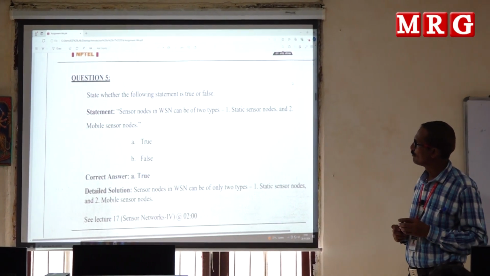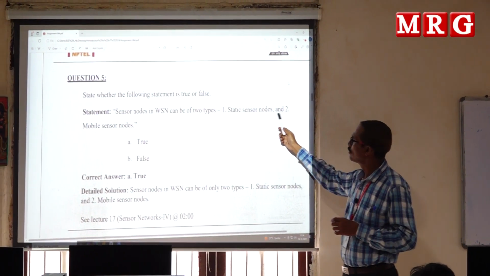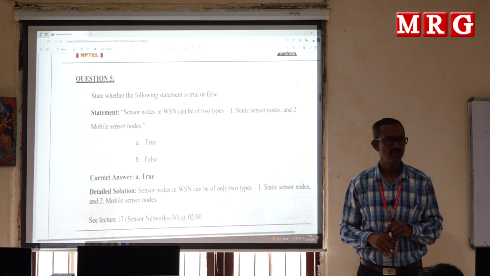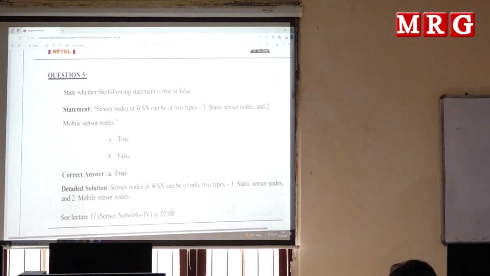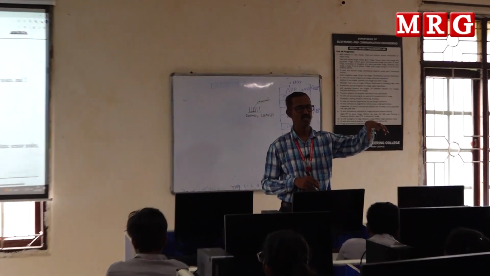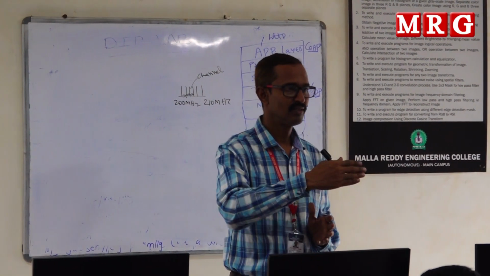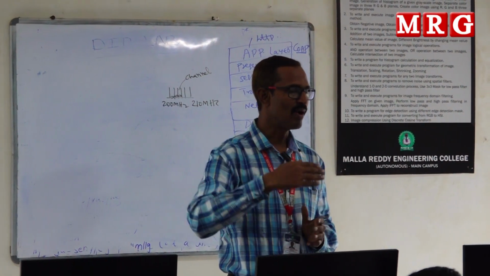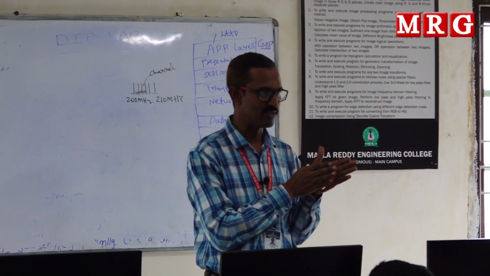Sensor nodes in wireless sensor networks can be of two types. What are the sensor nodes? Static sensor nodes and mobile sensor nodes. Sometimes the nodes are stationary, fixed at one place, always sensing in that particular location only. But there are some nodes which are moving. Our mobile phone is an example. It is not at a fixed place.